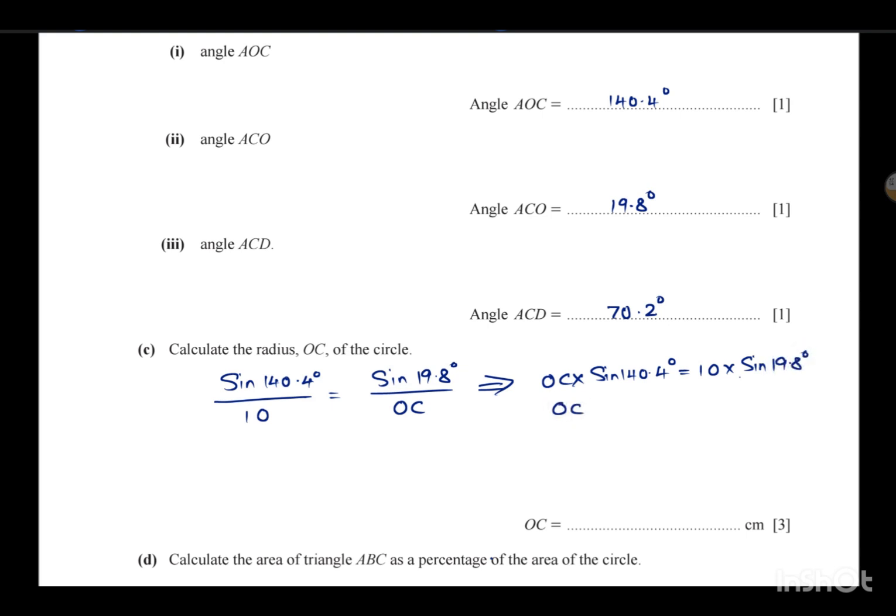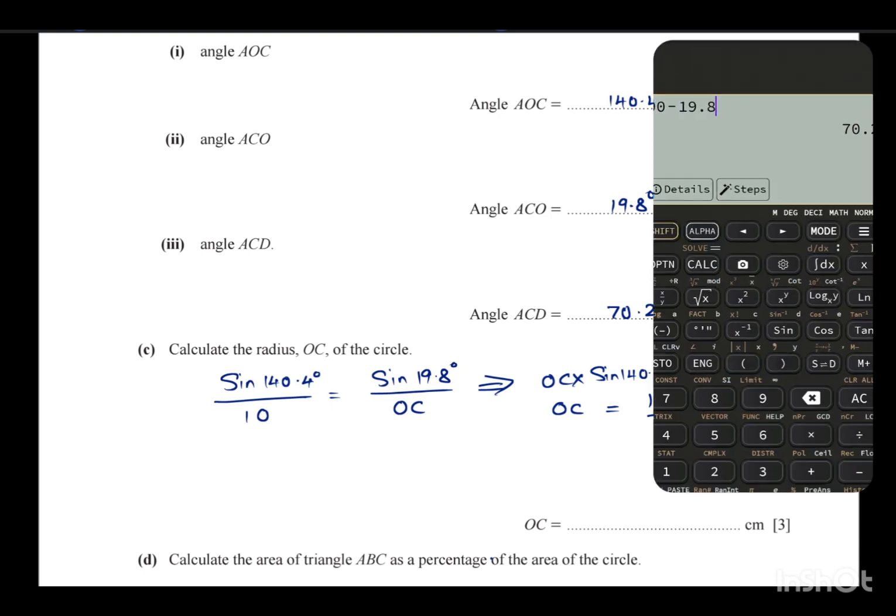Keeping OC on the left hand side, bring sine 140.4 to the right hand side, that will be divided. So 10 into sine 19.8 by sine 140.4 degrees. Use your calculators.